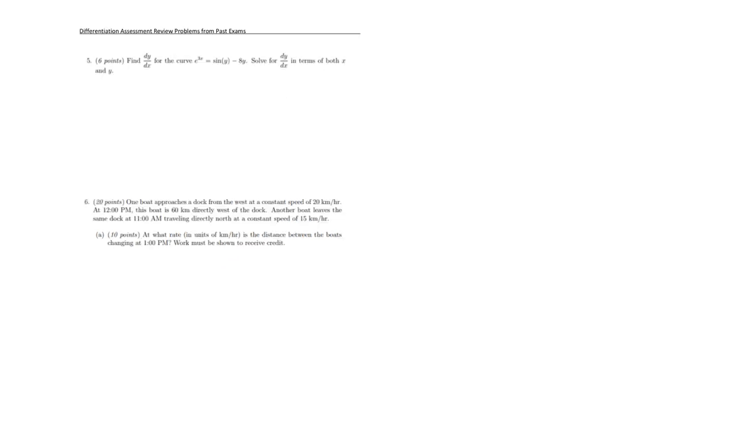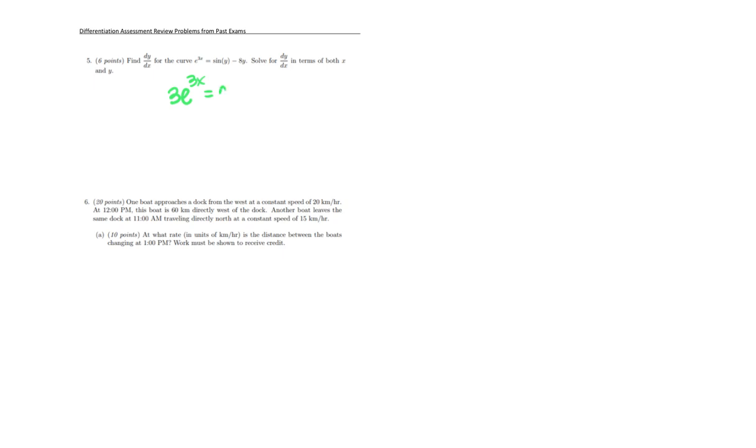For the next one, I want to find the derivative for this implicitly defined function. So I need to take the derivative implicitly with respect to x. I'll have e to the 3x times 3, so 3e to the 3x, equals, when I take the derivative of sine of y, I have to remember to use the chain rule.